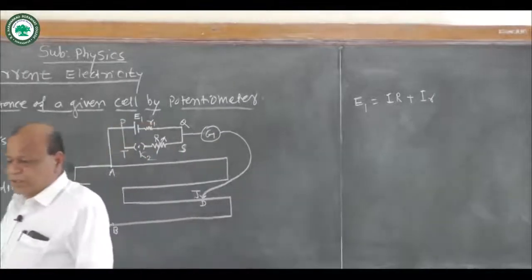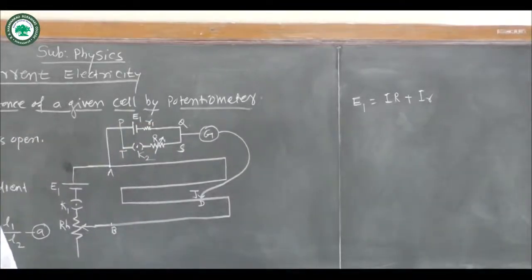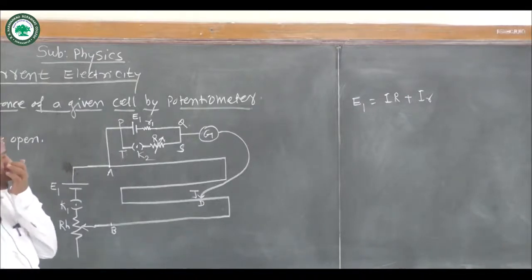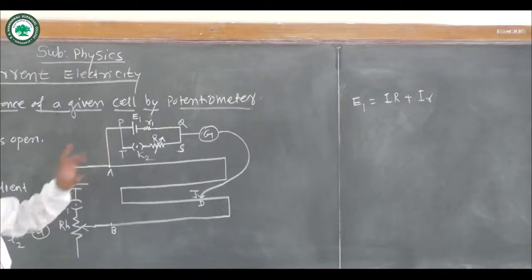According to that, current I is equal to E1 divided by R plus r, from applying Ohm's law to the complete circuit. And again from Ohm's law, V is equal to IR.